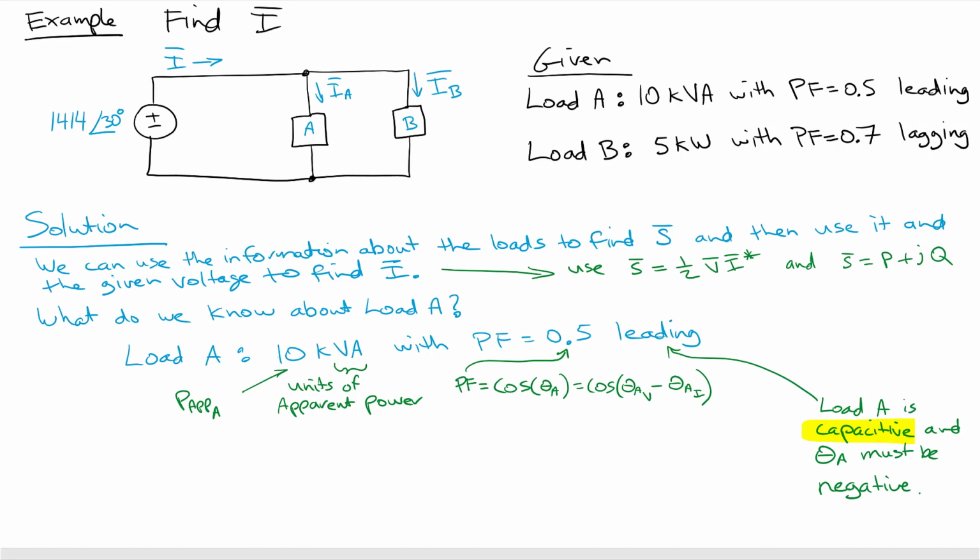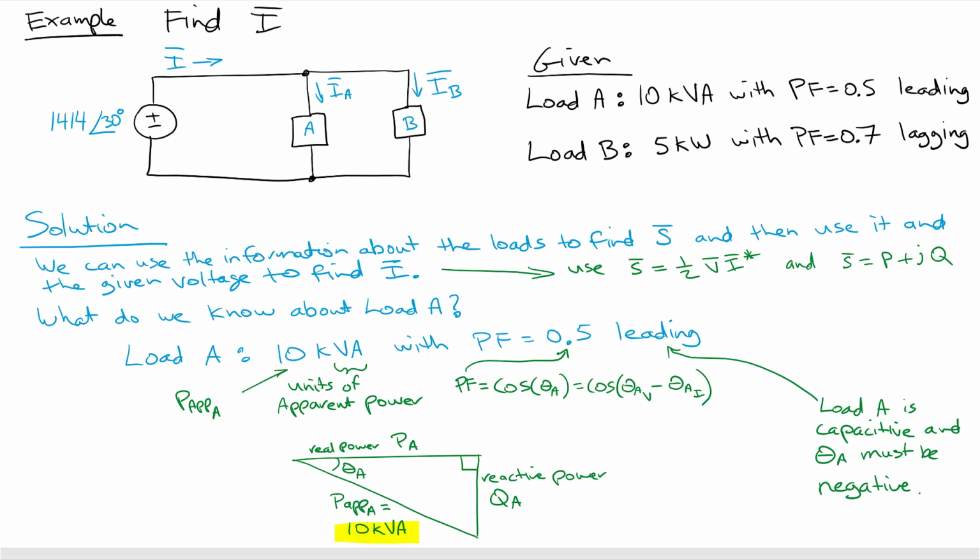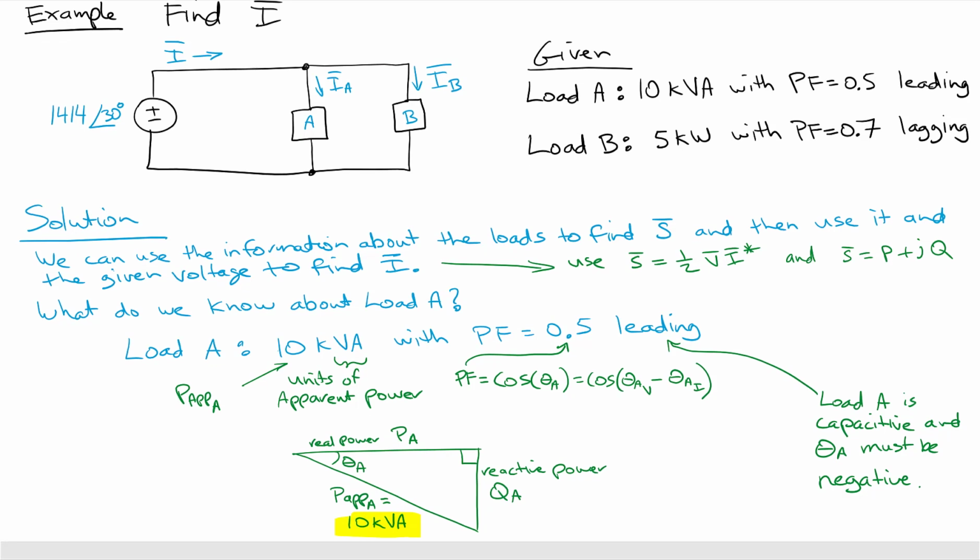So now, to continue, let's show the power triangle that applies in this case. We know the apparent power, and we're going to find the real power and the reactive power. That's going to be our approach in the next slide.